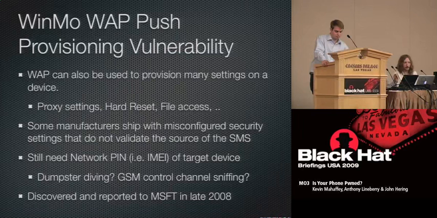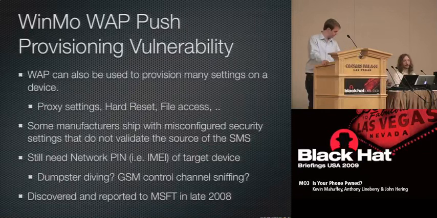On a lot of devices, the security policies are set such that they do not require a trust relationship with the initiator. It accepts basically anything. The caveat that makes this not as bad as it could be is that it requires something called a network pin, which is your IMEI, to be present in that message.